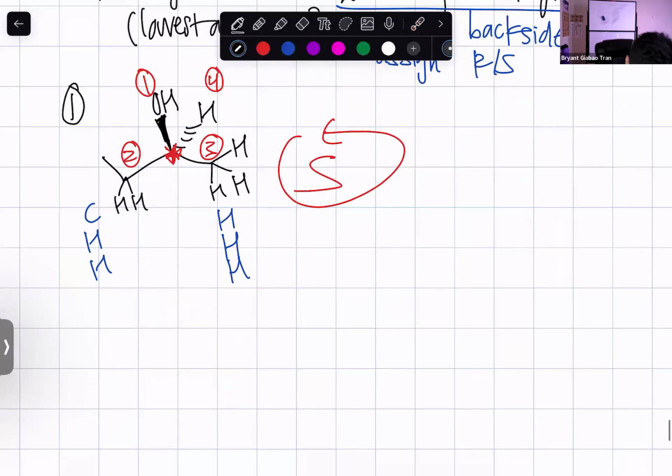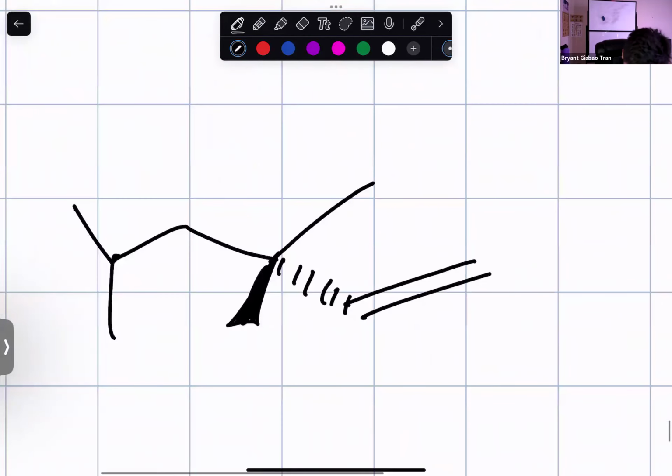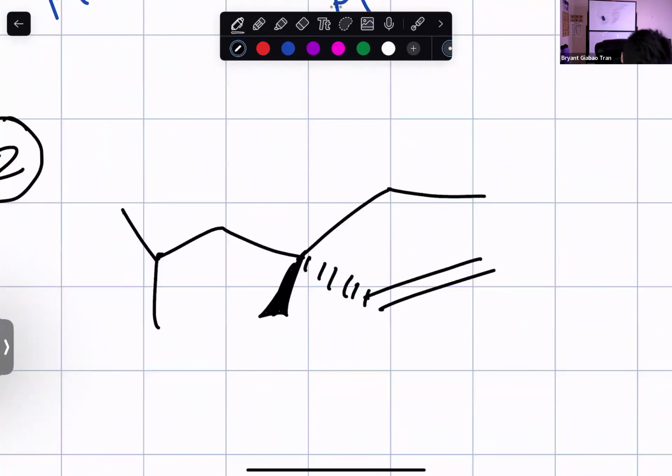That's the easiest example. For number 2, let's say the lowest priority group is on a wedge this time. Okay.